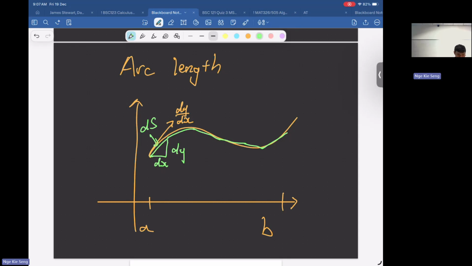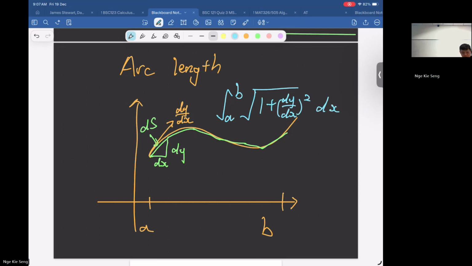So we got this formula: integrate from a to b of this big root. So far so good.